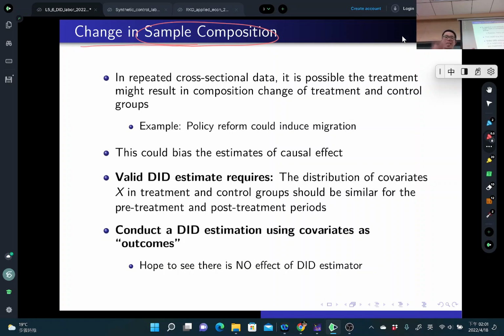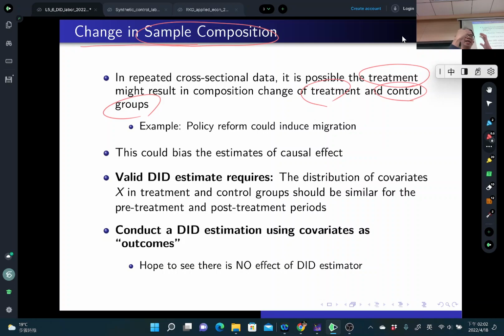But sometimes your data is repeat cross-sectional data. That means every year they randomly choose some individuals into the sample, so they do not follow the same firm or the same individual over time. But in that case, you still can use the difference design, because we just need to observe the treatment group and control group over time.